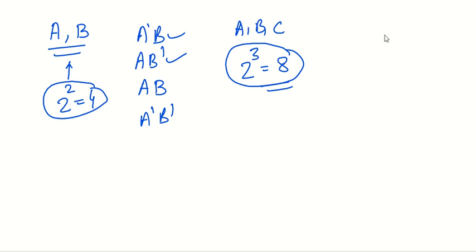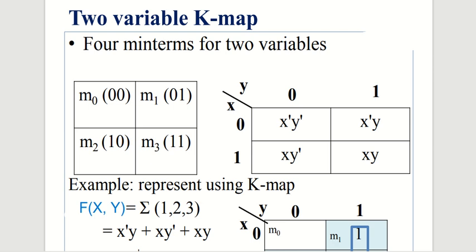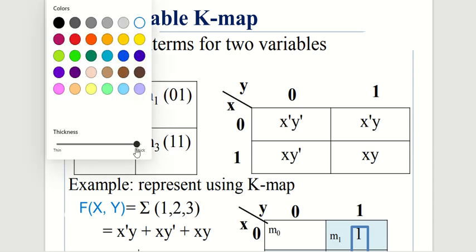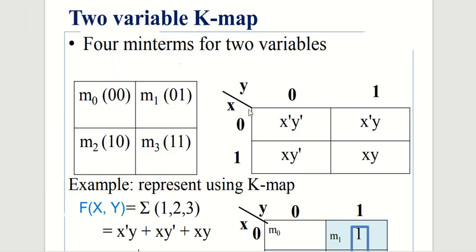Coming to the K-map part, if we are representing any two-variable function or any two-variable minterm values using K-map, we can easily see that we have four boxes, 1, 2, 3 and 4.